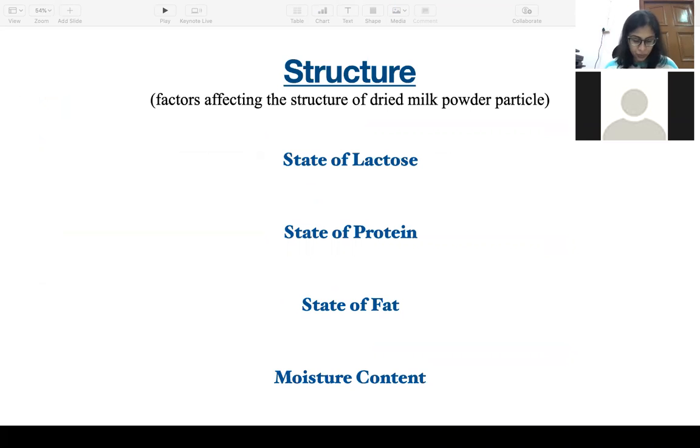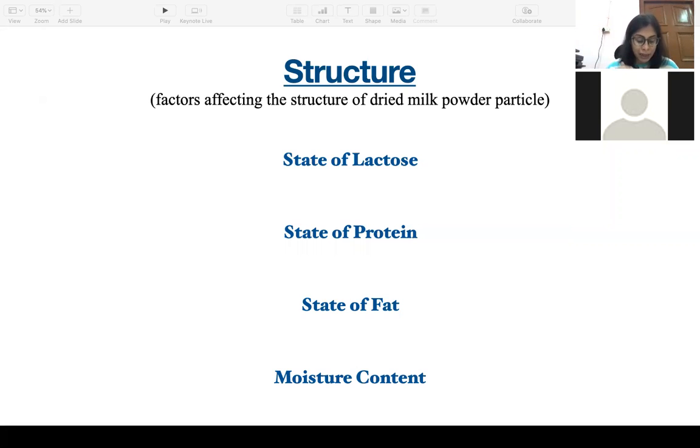So what happens is that a moisture percentage of 7% is critical for caking or absorption of moisture. So we try to maintain the moisture content at less than 5%.